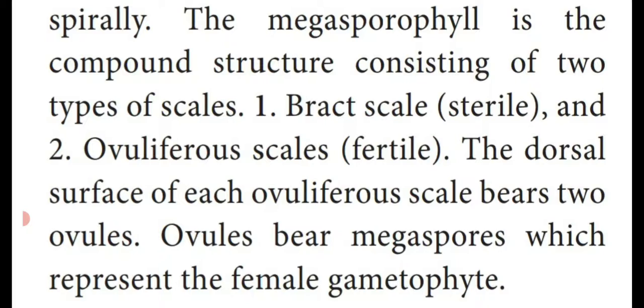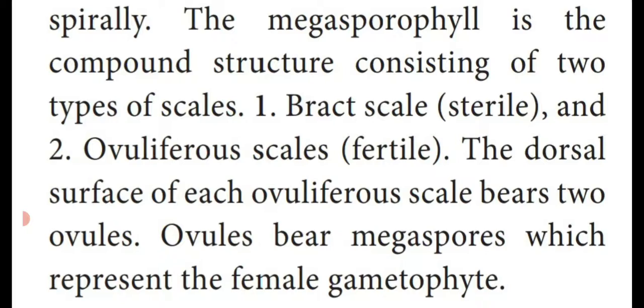Write short notes on female cone of Pinus. Female cones are arranged in the axil of the scale leaves. They are arranged in groups, the number is 1 to 4. The megasporophyll contains 2 types of leaves. One is the bract scale leaves, and another one is the ovaliferous scale leaves.